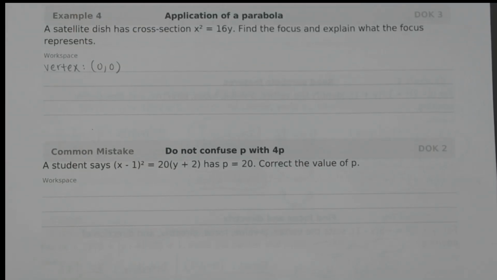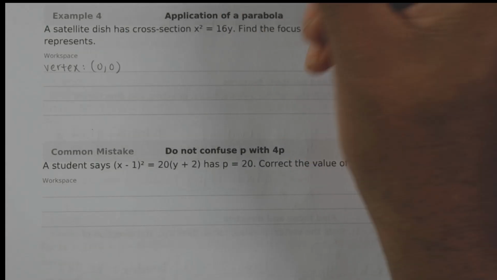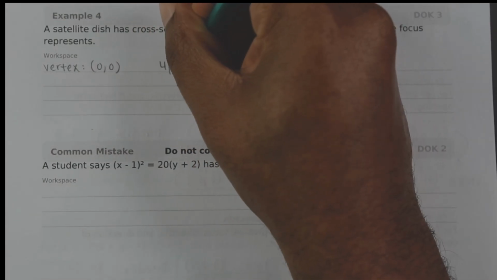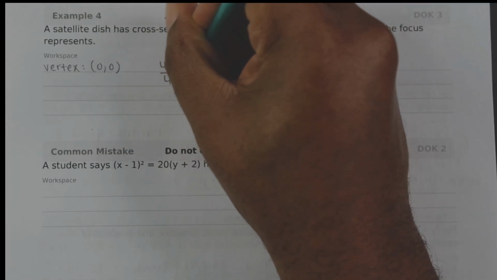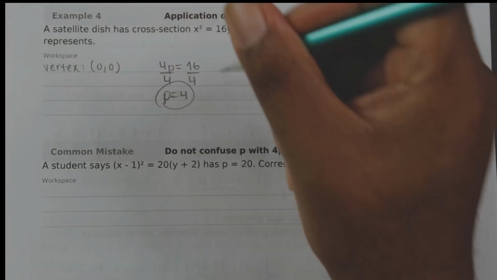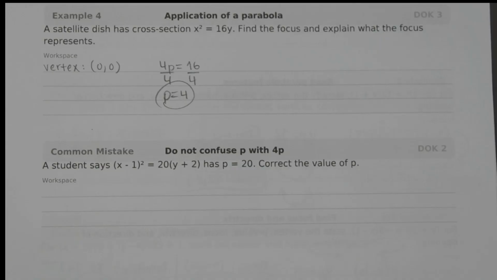Now from there, we can identify 4p, right? Because we have 16 here. So 4p equals 16, divided by 4, divided by 4, p is equal to 4.